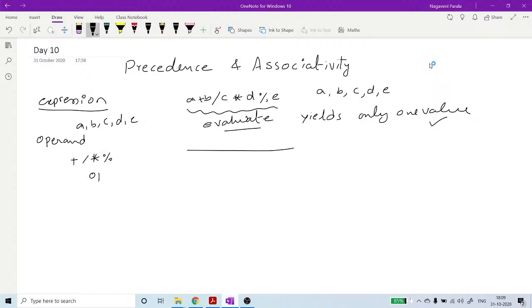These are operators. As I told you, an expression is a collection of operands as well as operators, but those must be specified in a proper syntax. Suppose I write a, b, star, plus, minus, it's not a proper expression, right?